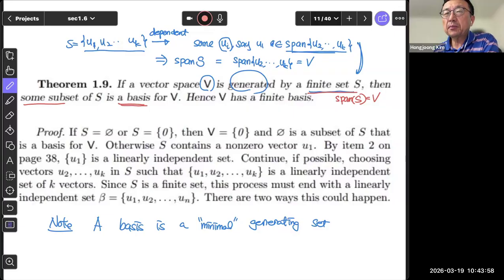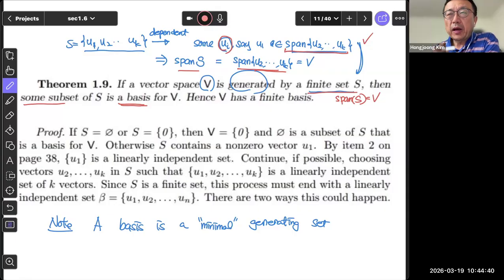Because this S may not be independent, right? If S, which consists of k vectors, is linearly dependent, then one of the vectors can be written as a linear combination of the others, which we already observed. So even when I remove that element from the set, they generate the same space.